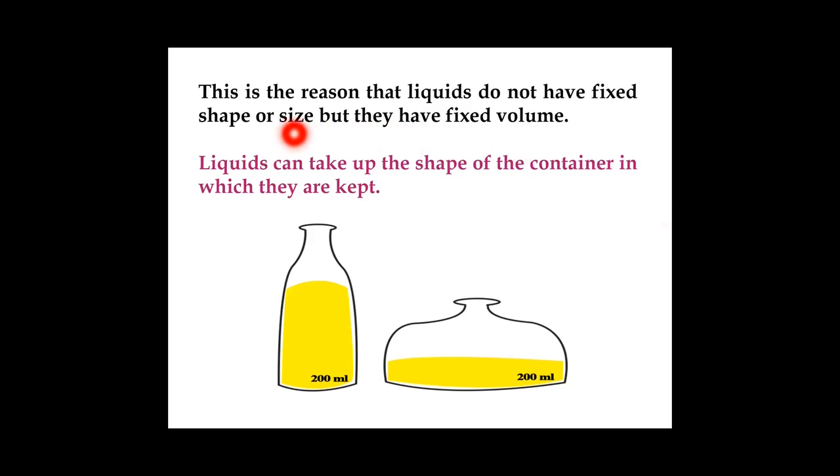So liquids do not have fixed shape or size, but they have fixed volume. Liquids can take up the shape of the container in which they are kept. As the particles in liquids are held together by weaker interparticle force, the interparticle space is greater than in solids, so liquids occupy the shape of the container.